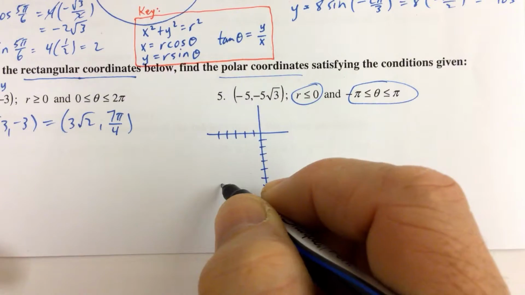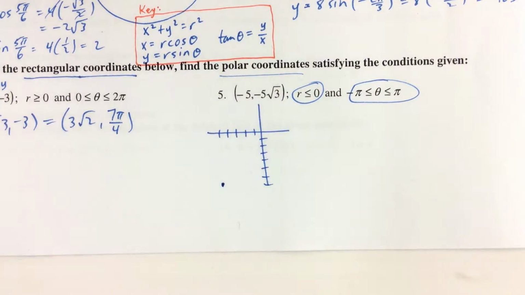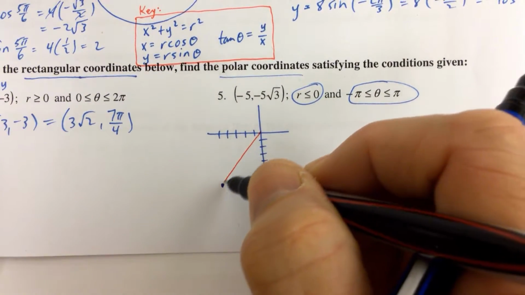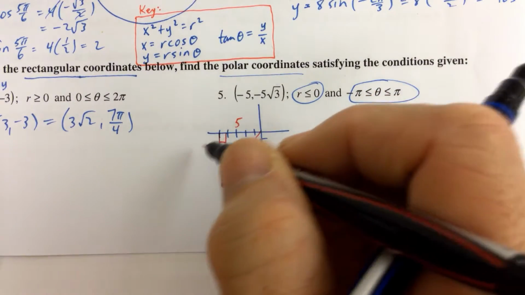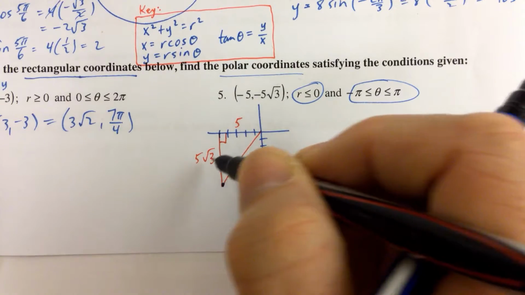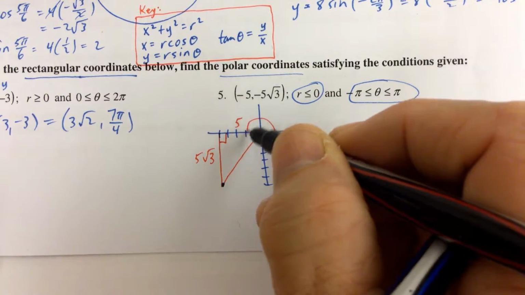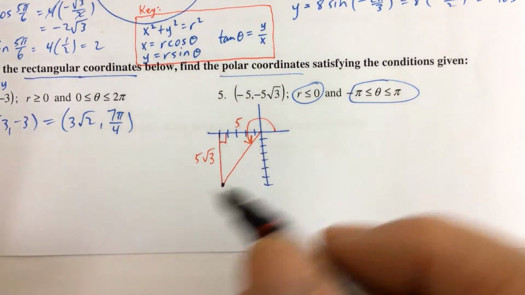But here we'll put it just there, and then we'll label the triangle. So we know that that side has length 5. This side has length 5 radical 3. There's a theta in here. It's going to get us into that quadrant.